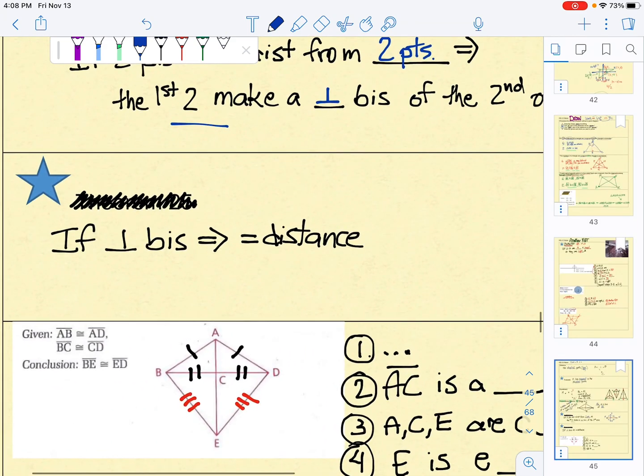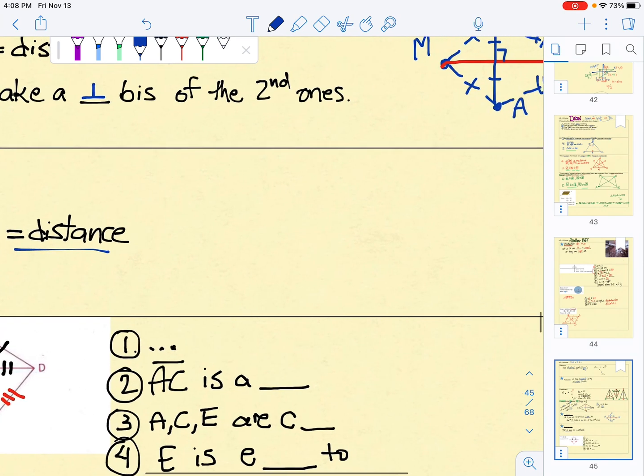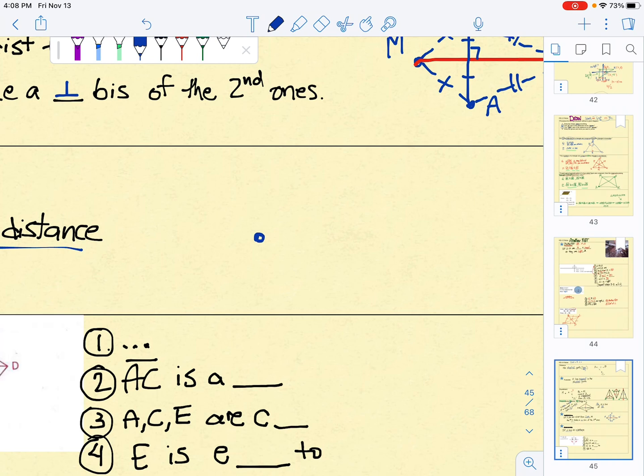Then finally, if you are on a perpendicular bisector, then you are equal distance from those points. So let's take 2 points, CA. And let's say you are here, or here, or here.